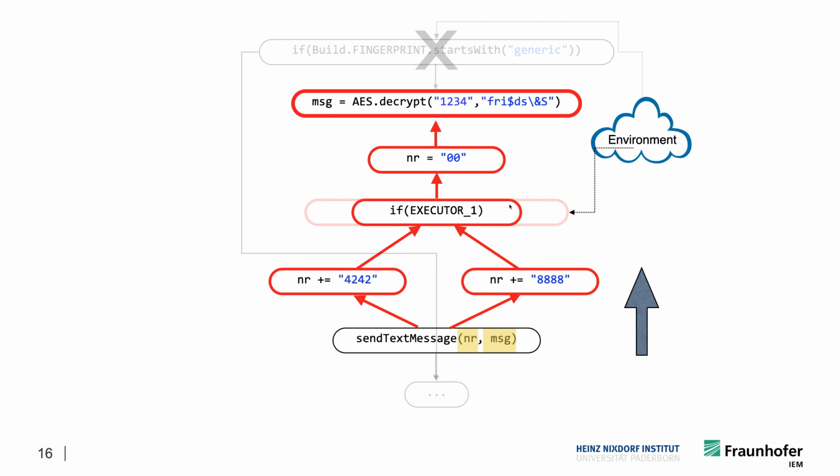So what we did in Harvester is that we recognize these special checks that depend on the environment, and if they are part of the slice, then we simply replace them by a check that we can explicitly control. We basically said, let's make this a dynamic flag, a dynamic global variable, and then at execution time, when we execute the sliced app, we can explicitly set this value.